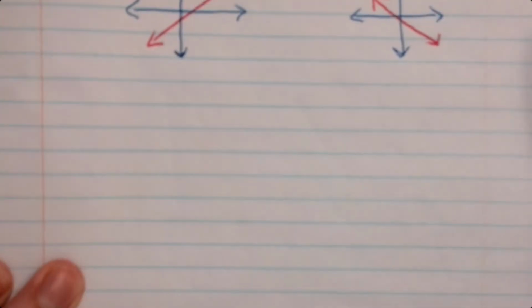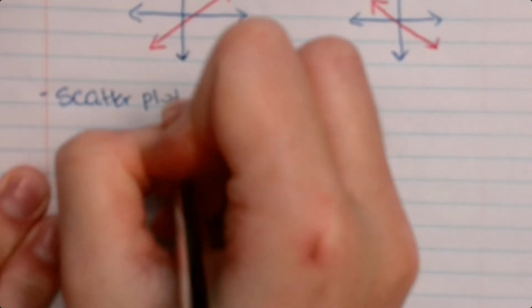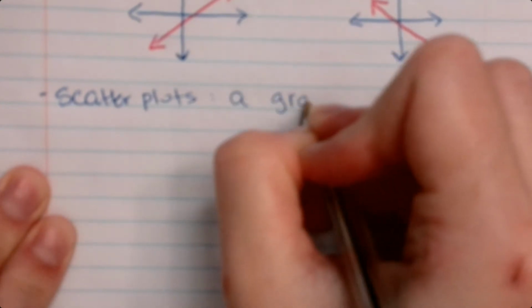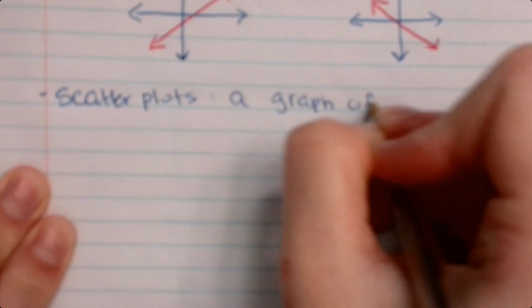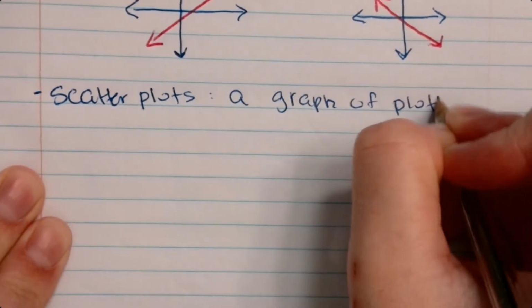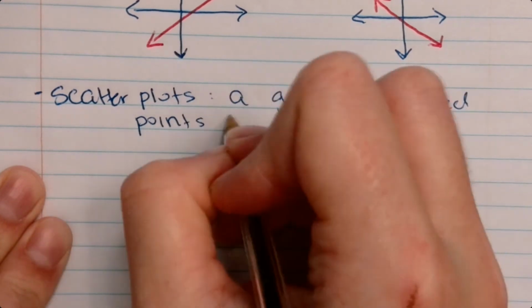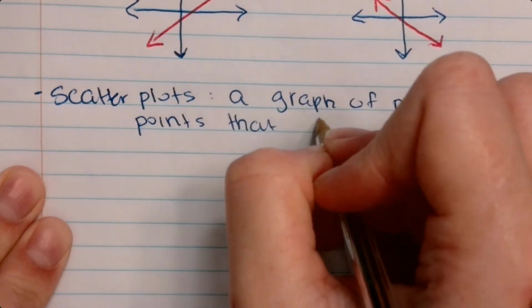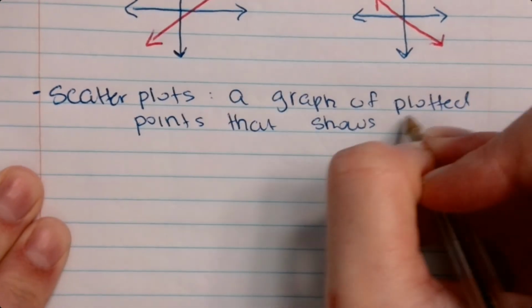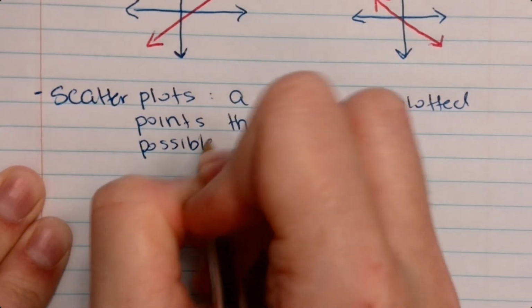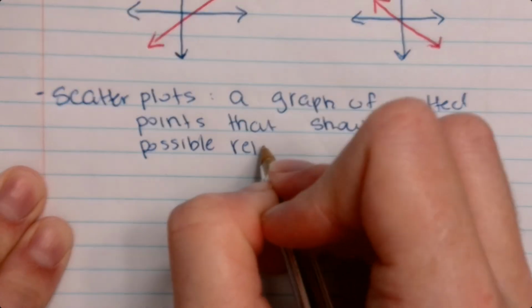All right, so scatter plots are a graph of plotted points that shows a possible relationship, and I know that this is a lot of words, but that's okay.